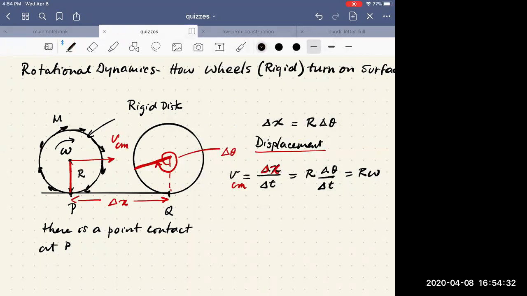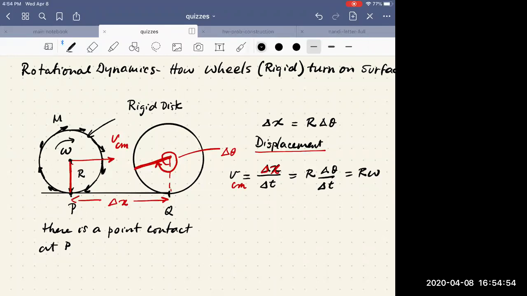And then if you let it actually go from P to Q, it covers a distance of delta x from left to right, that's a displacement, and that's equal to r delta theta. Delta theta is the amount by which this red line that we have marked up on the wheel turns, and that turns out to be connected with V center of mass.